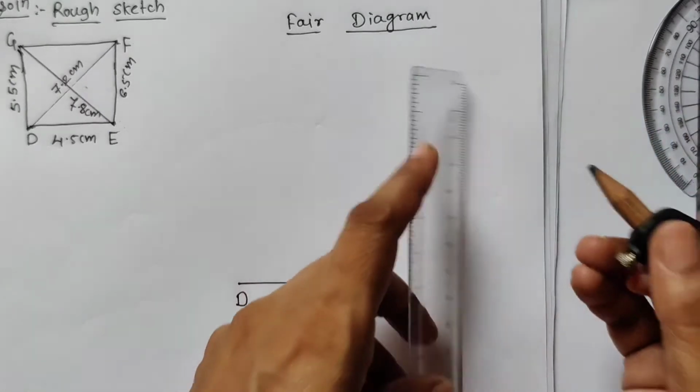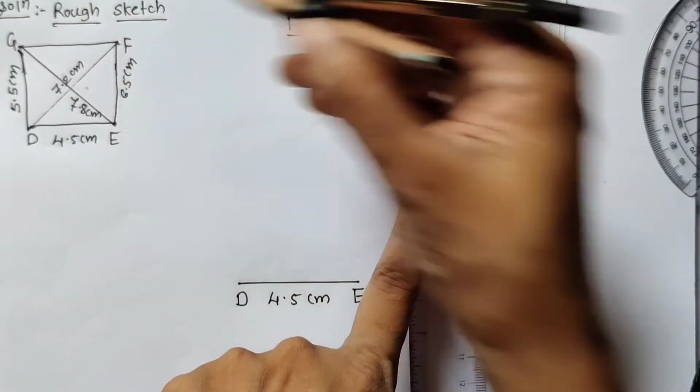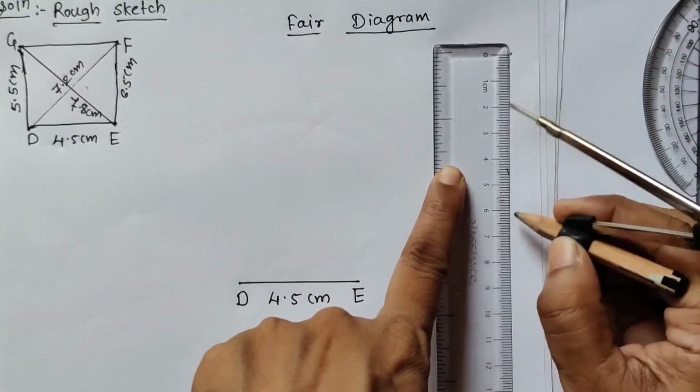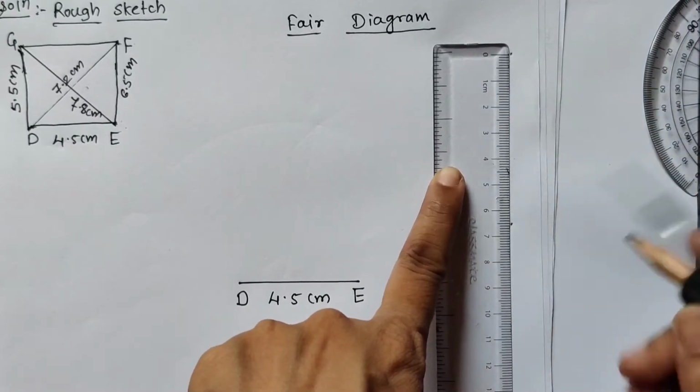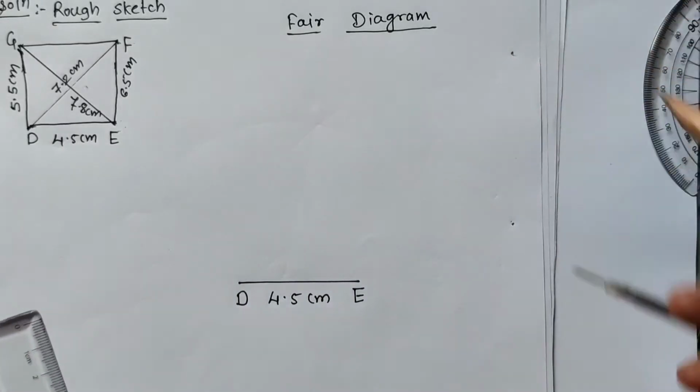This is a rounder. Okay, you can say it rounder or compass. So it is 6.5. So I am going to put a point at 0 and then 6.5. So this is 6.5 centimeter distance in my compass.